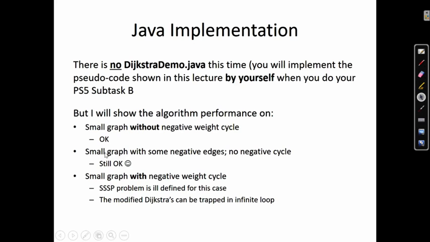Now with small graphs with negative weight cycles, then the SSSP problem is ill-defined. So modified Dijkstra will be trapped in an infinite loop, whereas original Dijkstra will stop, but it will just give you the wrong result, and it can't tell you whether there is a cycle or not, because it cannot differentiate between this case and the case where there are only negative edge weights and no negative cycles.